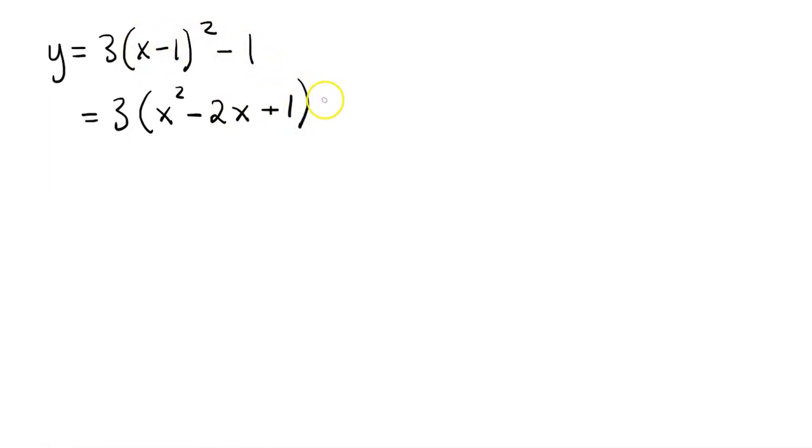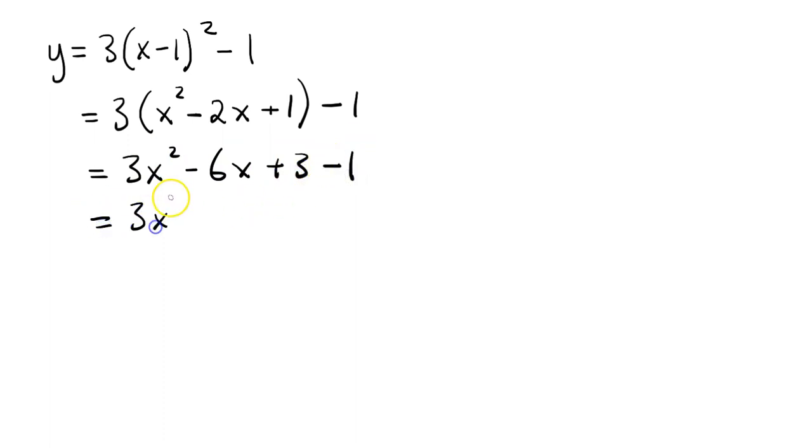So this is just this one, and then minus 1. And if we multiply in the 3, we get this. And if we simplify, you see that this one is an example of a quadratic function, because here is a quadratic function. So if you have a function of this form, that means it is a quadratic function.